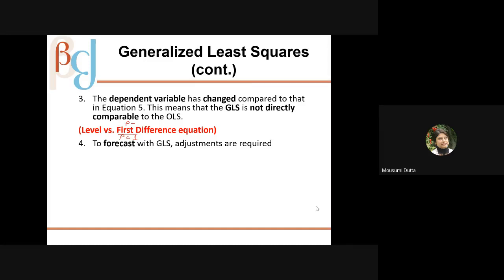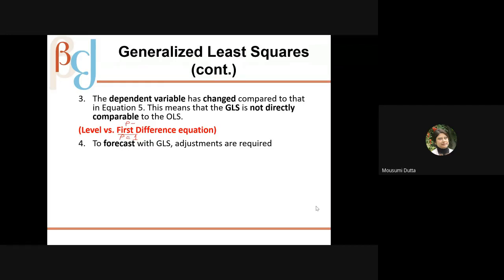So though the interpretation of beta hat remains unchanged across the OLS and the GLS model, don't think that the two models are comparable. Actually, you are considering two separate regressions. Your variable space has been changed.